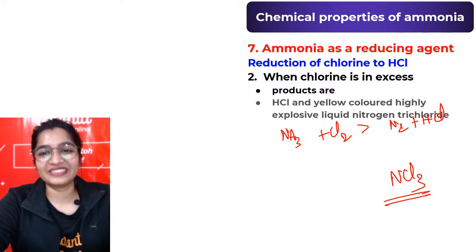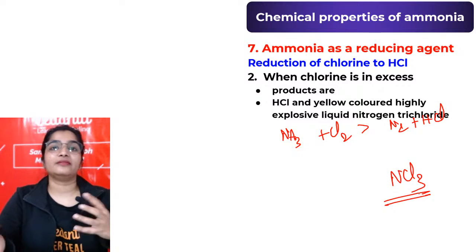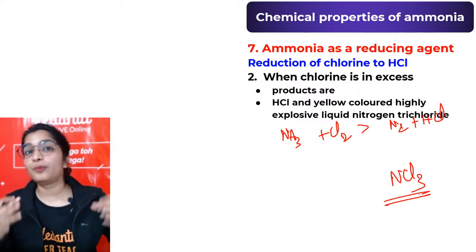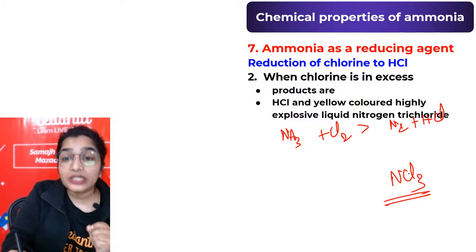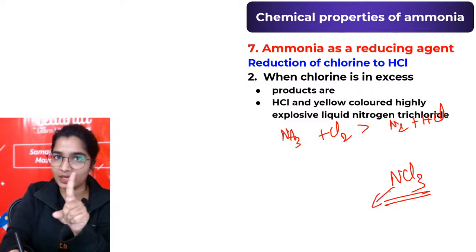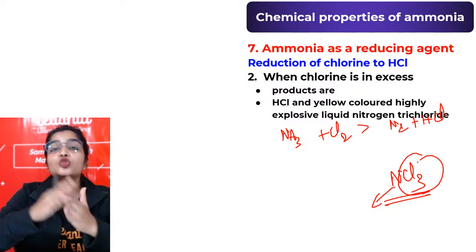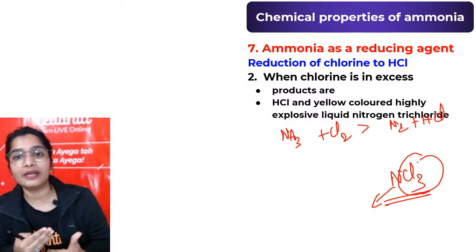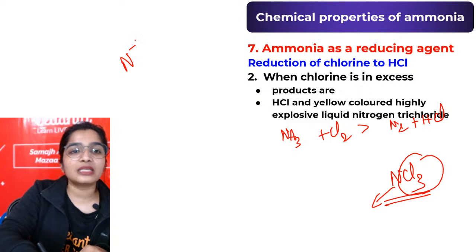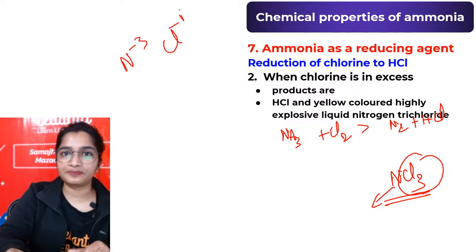Acha. So HCl and the yellow colored, highly explosive liquid nitrogen trichloride. Why is it nitrogen trichloride? One atom of nitrogen and three chlorine atoms, right? Nitrogen trichloride will be formed because nitrogen's valency is -3 and chlorine is -1.